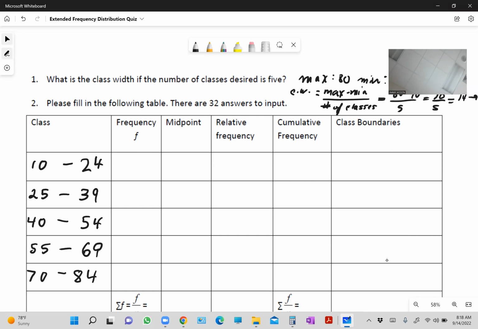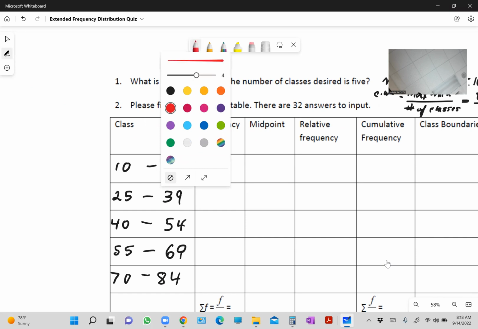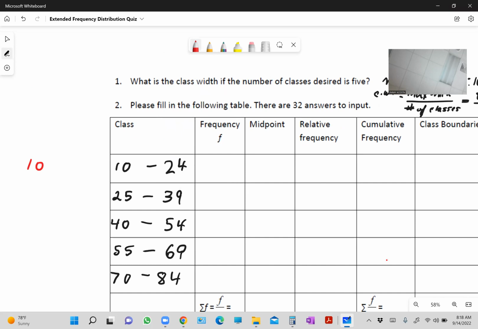Okay? And so I'll do this here as a hypothetical. Let's say you made the mistake and you would have done it with 14, which makes logical sense. You would start at 10, and 10 plus 14 is what? 24. And 24 plus 14 is what? And 38 plus 14 is what? And 52 plus 14 is what?